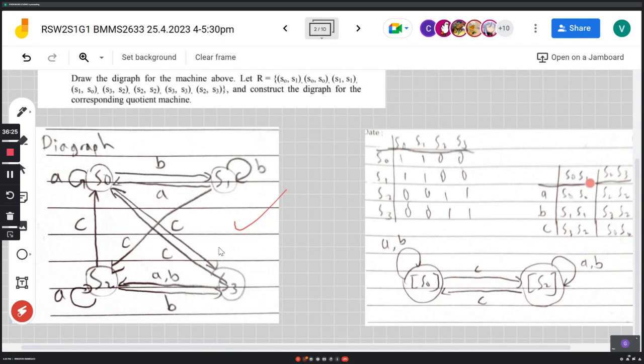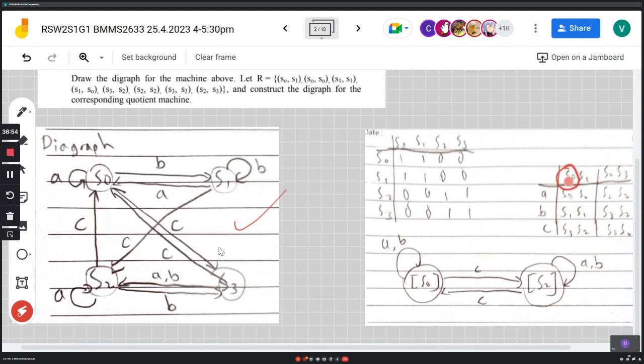So we can draw this diagram from this table. We have two classes: one is S0, one is S2. So the 0, 1 class, and the S2 class. Put them in brackets.